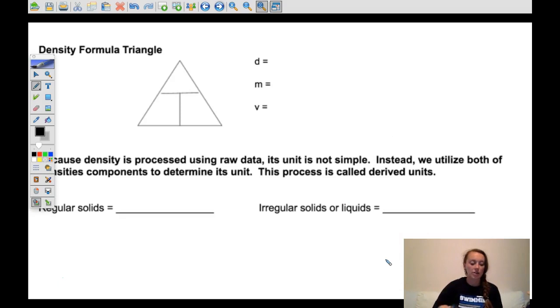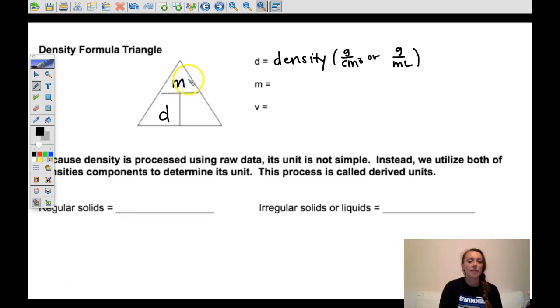Now let's learn how to calculate density. And we're going to use something called a formula triangle. So we have a triangle here split up into three parts. D stands for density, and that's going to be in units of grams per cubic centimeter or grams per milliliter. M is going to go on top. It looks like a crown.